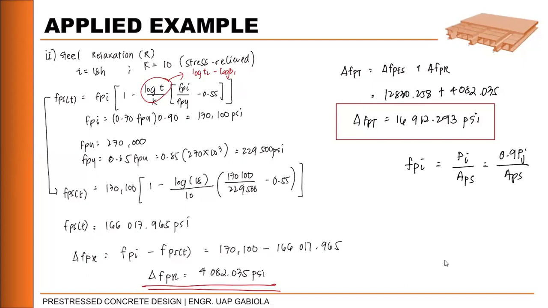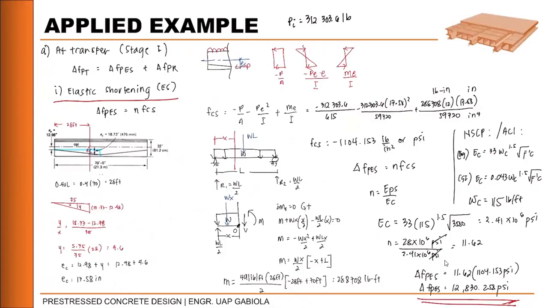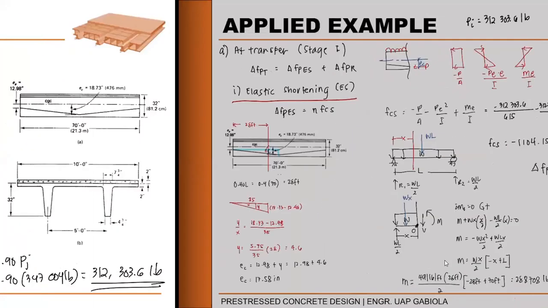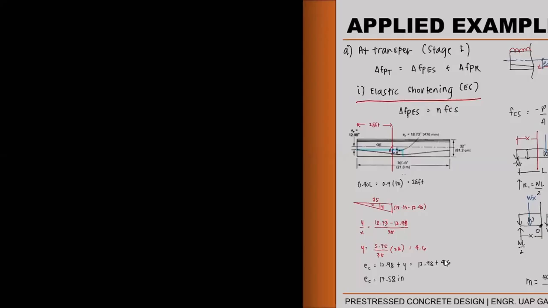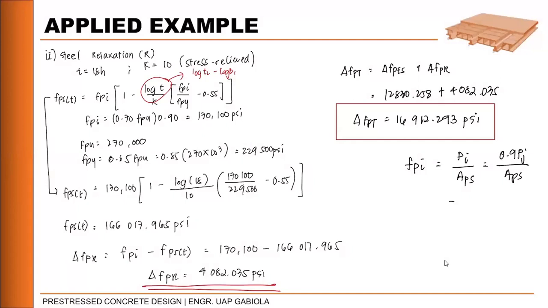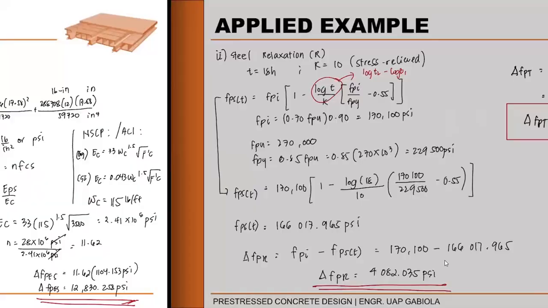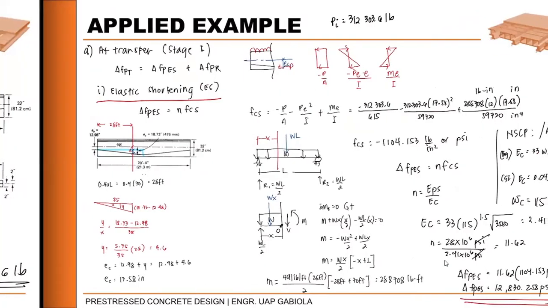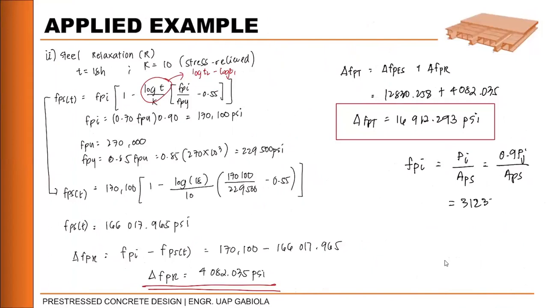Check this formula to see if the values match. So let's take the value 312,303.6 all over the area, 12 times 0.153.